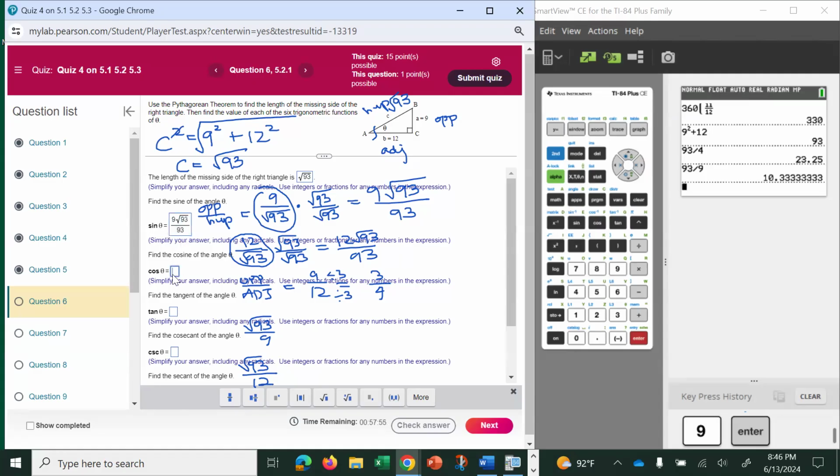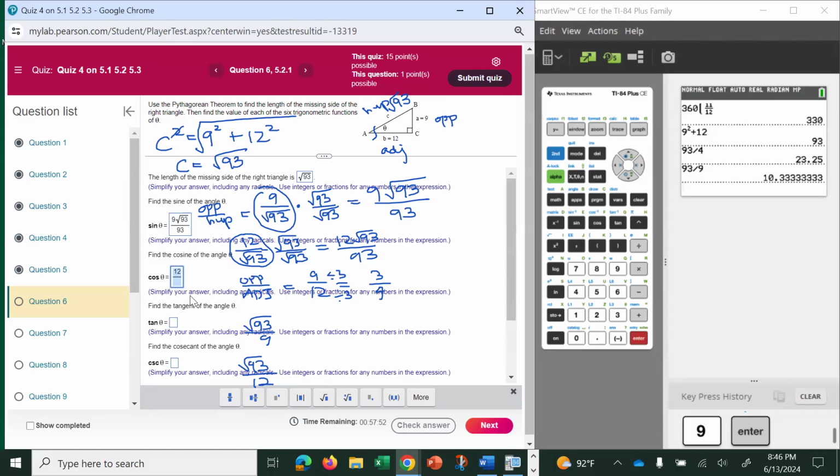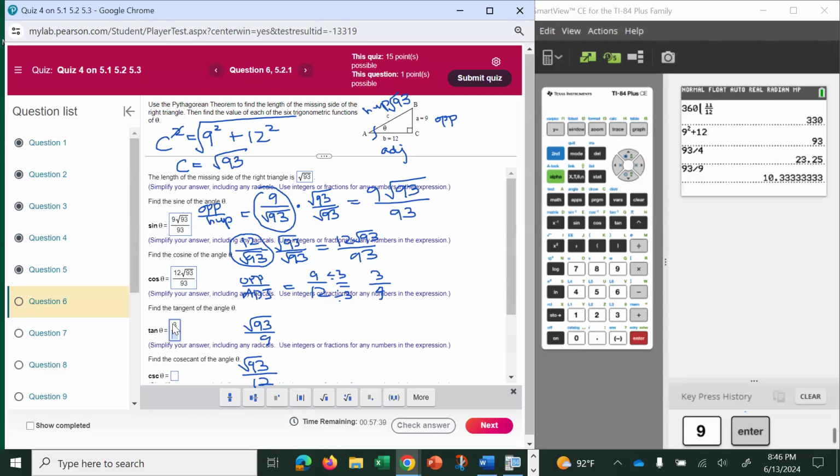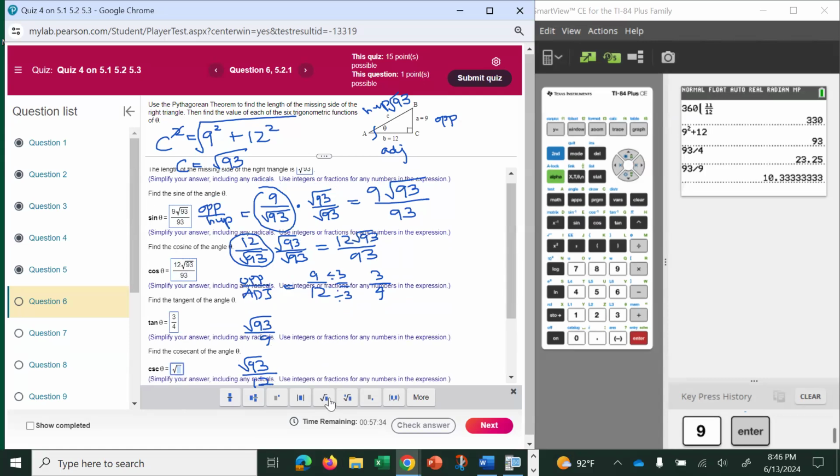And this is cosine, 12 root 93 over 93. Tangent is opposite over adjacent, so that was 3 over 4. Cosecant was root 93 over 9.